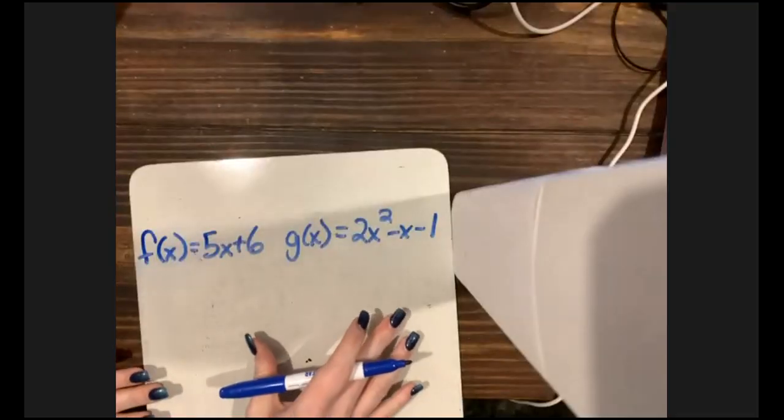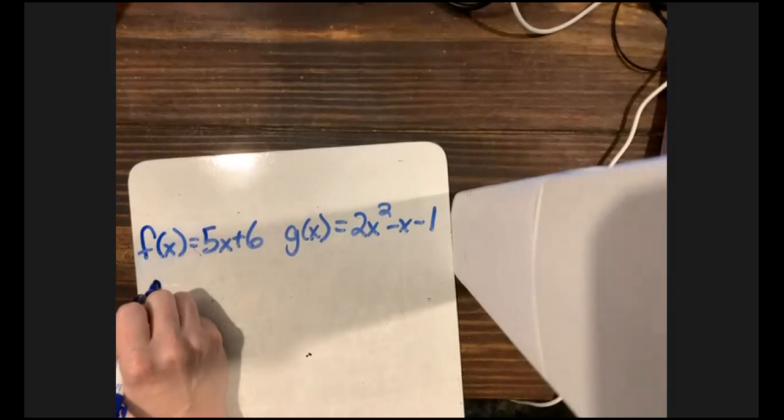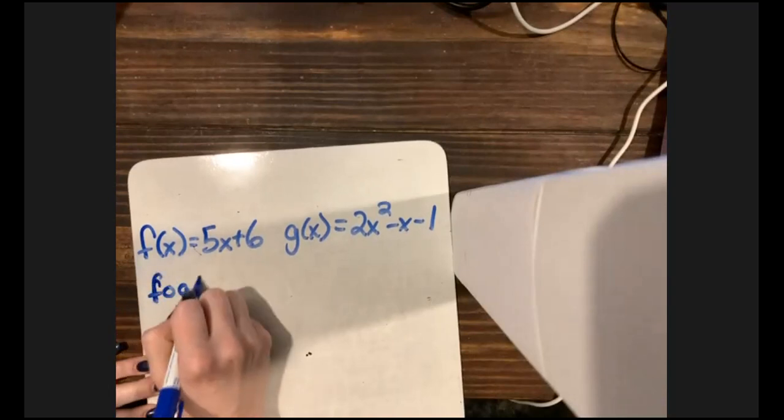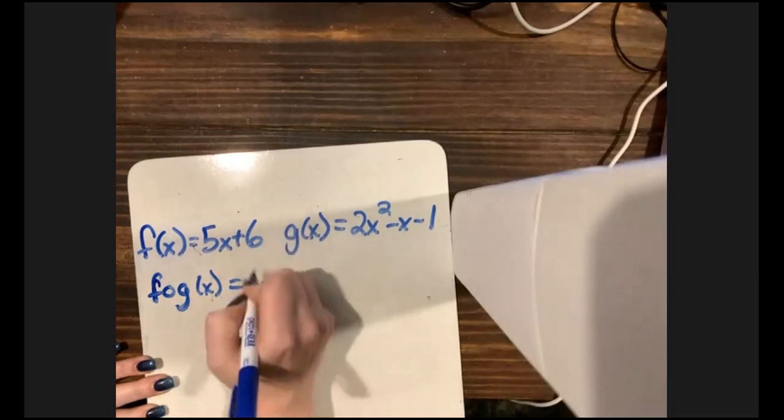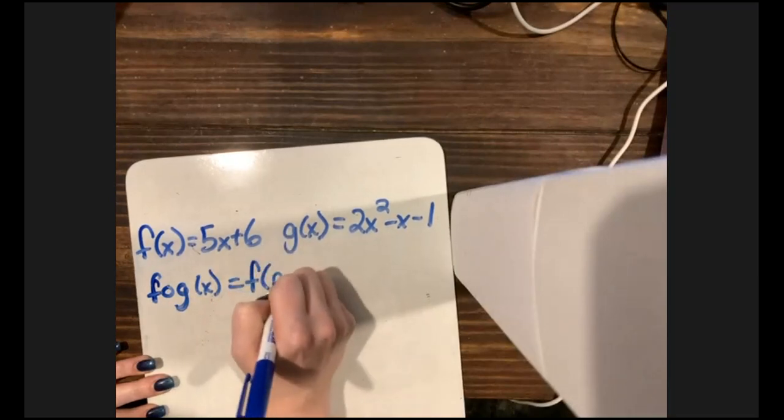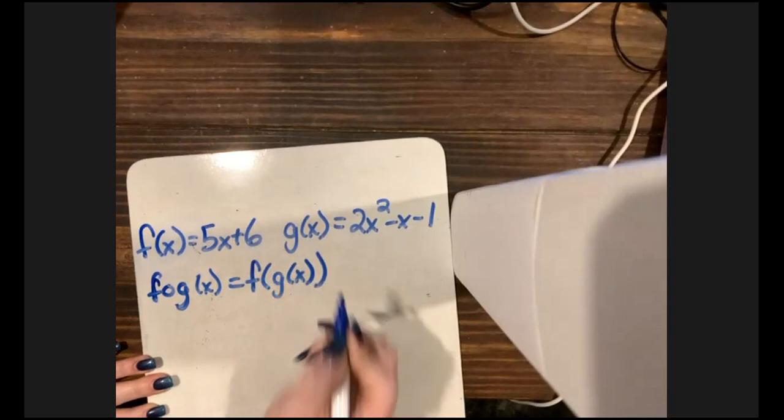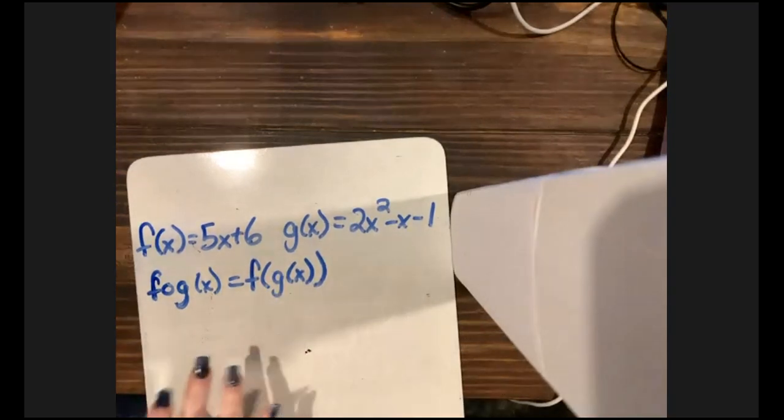And they wanted us to do F composed G of X. So first thing is we trade out for this parentheses notation.